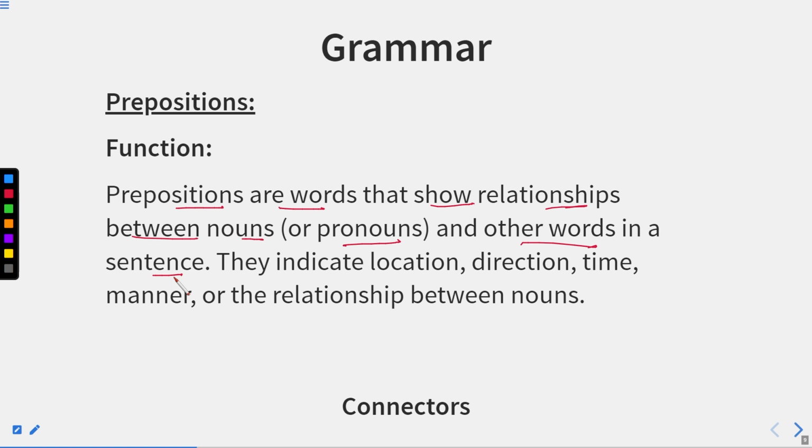But in case of preposition, it is a single sentence in which the relation of a noun or pronoun with the entire sentence is shown with some words, and that relational word is known as preposition. They indicate location, direction, time, manner, or the relationship between nouns.